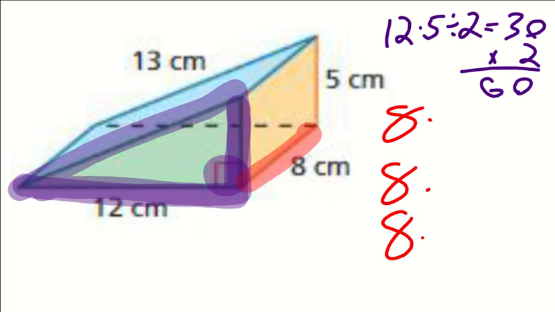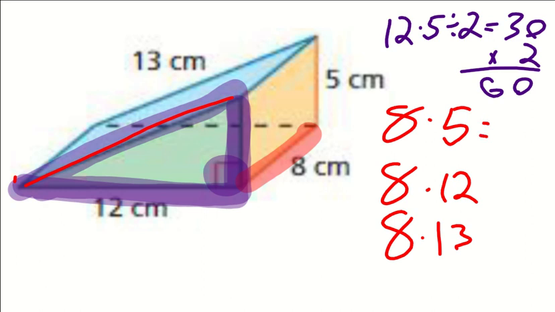Then what are the sides of the triangle? We got 5, 12, and this diagonal here is 13. So 8 times 5 is 40. 8 times 12, 96. 8 times 13, 104.